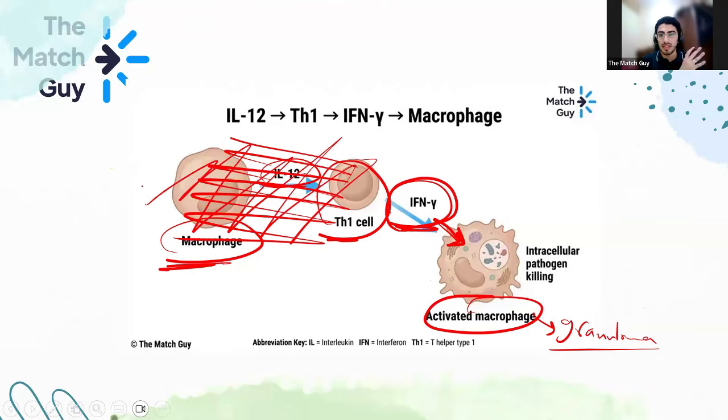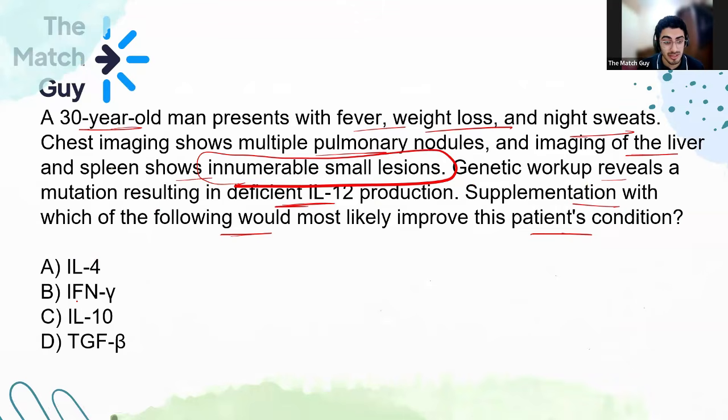We don't need this step anymore, because the interferon gamma will activate the macrophages and the body will start making the granuloma again. Okay? And that's why supplementing this patient with interferon gamma will improve his symptoms. Is that clear, everyone? Amazing.